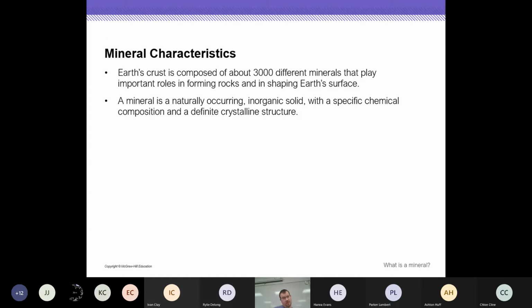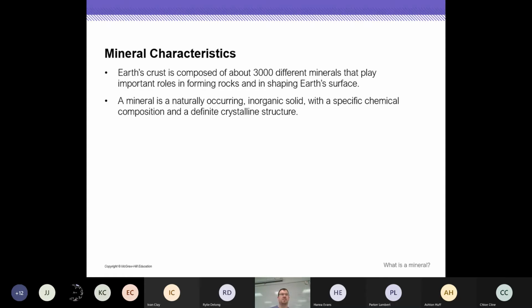We already talked about minerals and their mineral characteristics. We talked about the Earth's crust being composed of about 3,000 different minerals, and every one of them is different. The real big thing in this section is talking about those characteristics and how geologists use them to identify different minerals within our environment.